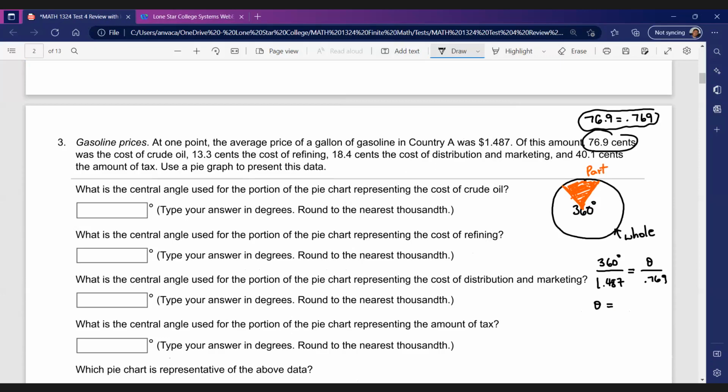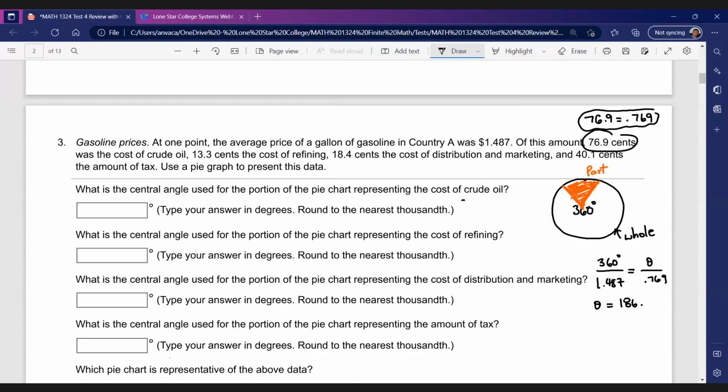If I take my calculator and multiply 360 times 0.769 and then divide it by 1.487, I get 186 point, how many decimals?